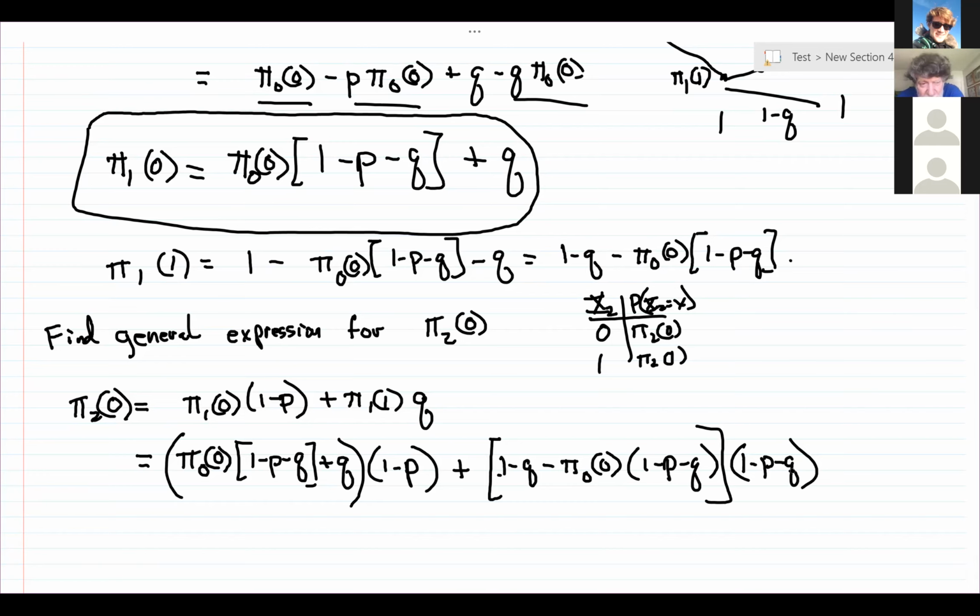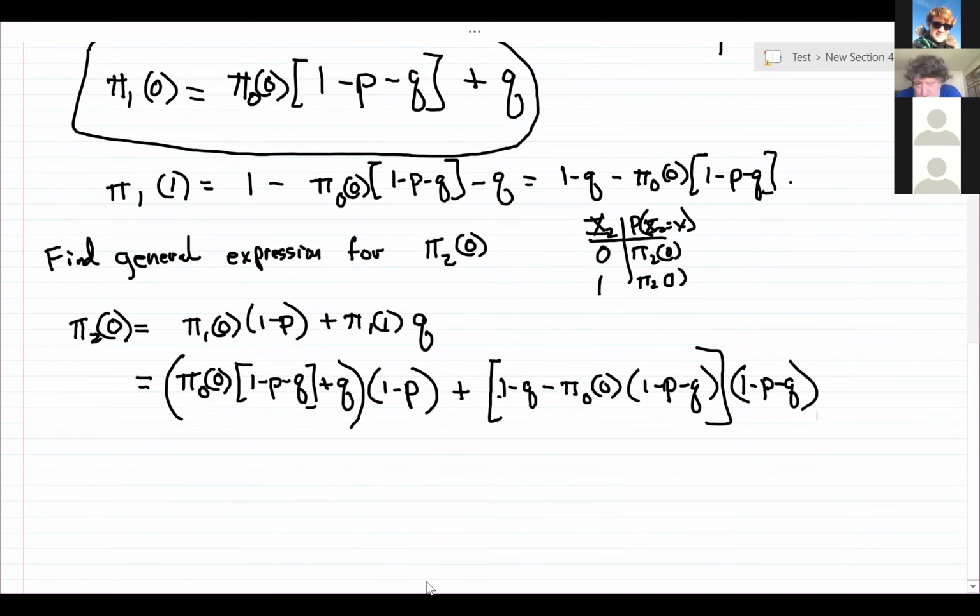We've figured out, so what were we trying to get? We're trying to get the probability on day 2 of being broken in terms of either the transition probabilities, which are these p's and q's, or the initial distribution, which is pi 0. And we have it all in terms of that stuff. But the thing we should do is see if we can simplify it and write it in a nicer form.